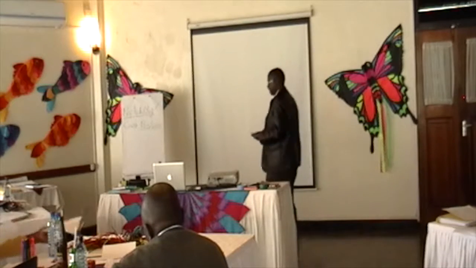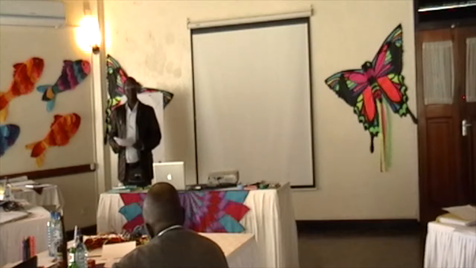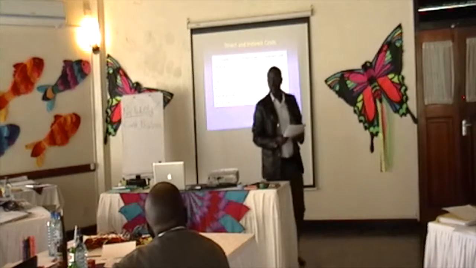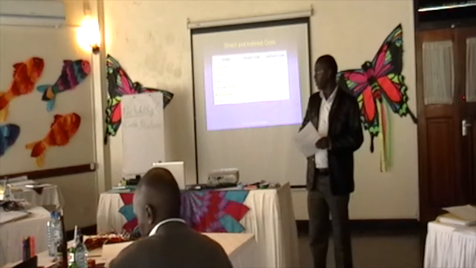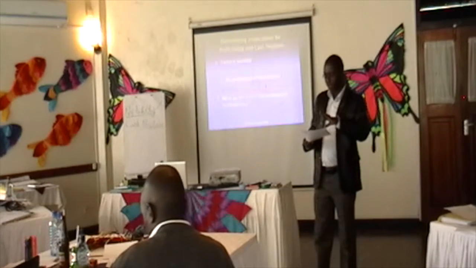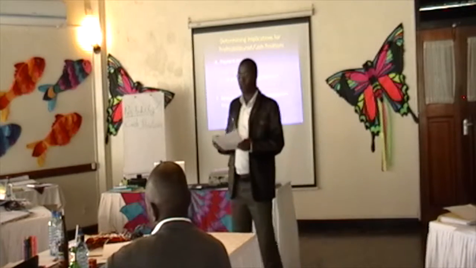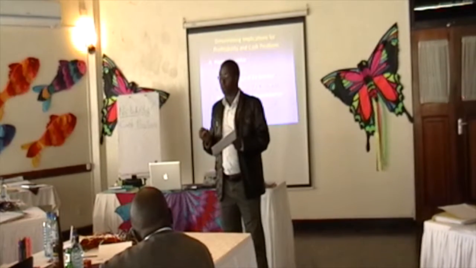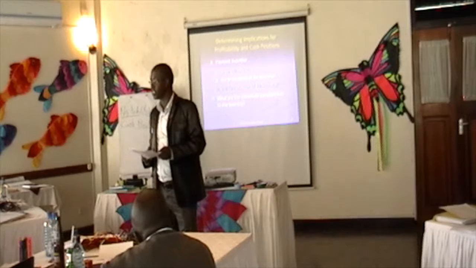On page 11 of your workbook, we are looking at two situations that we have been given there. I want you to read in a group at your table what you have read there, or the instructions as provided there, and we look at how this affects the profitability of the business and the cash position of that business, and what are the immediate consequences to that business.